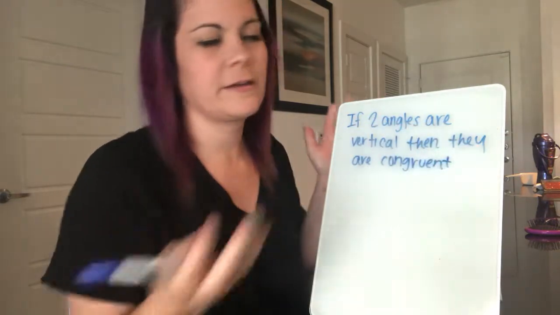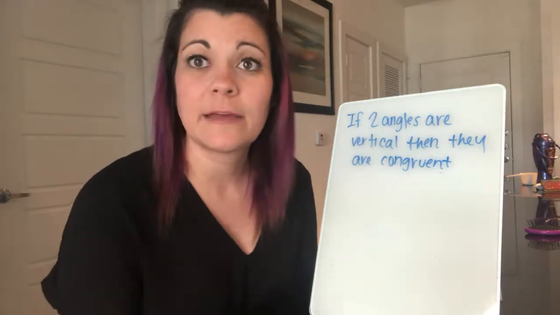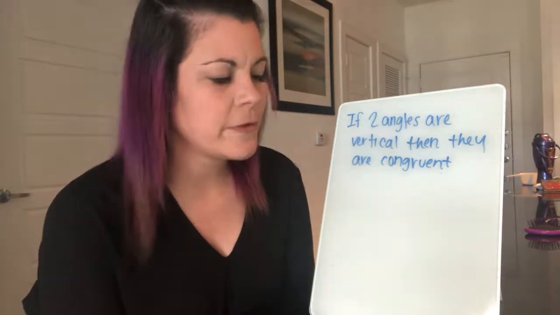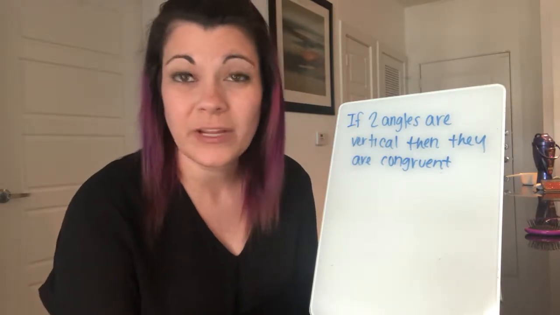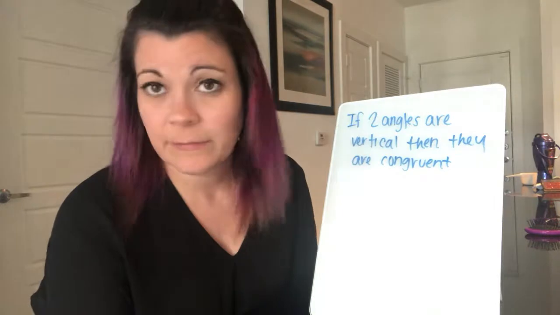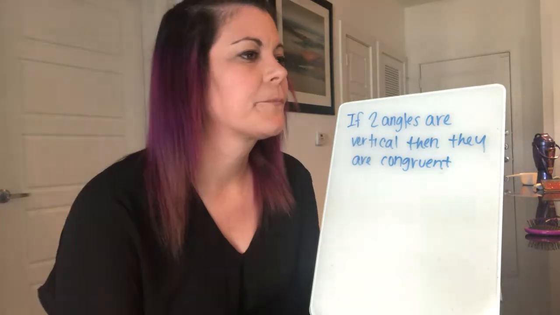So now we've made a conditional statement because it's an if-then statement. And we can say that is true. If two angles are vertical, then they are congruent. So this conditional statement is true.